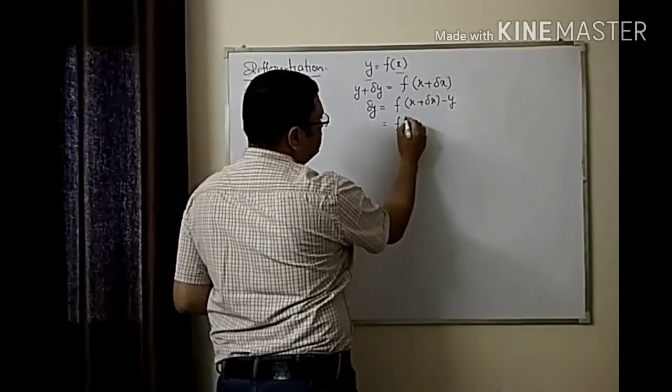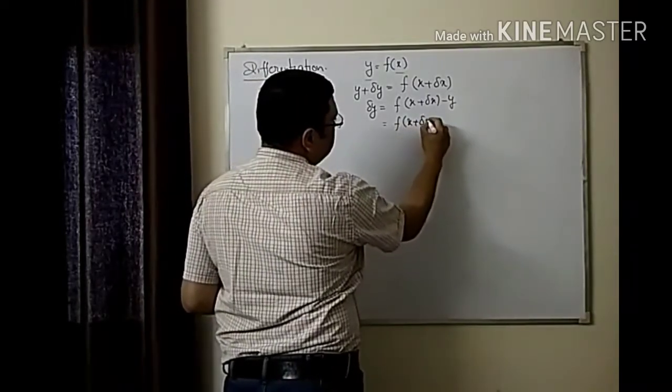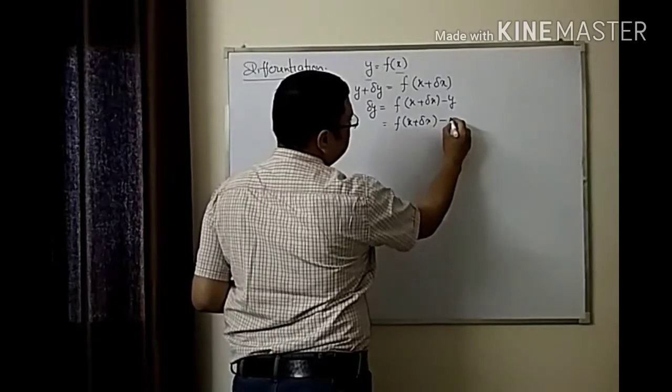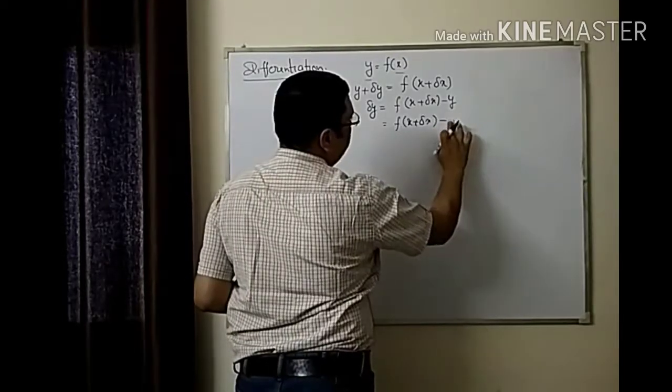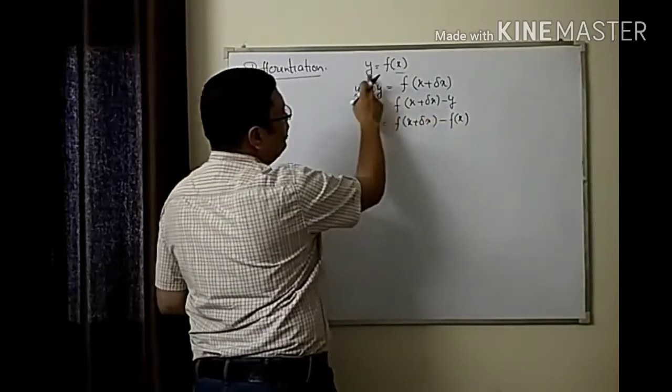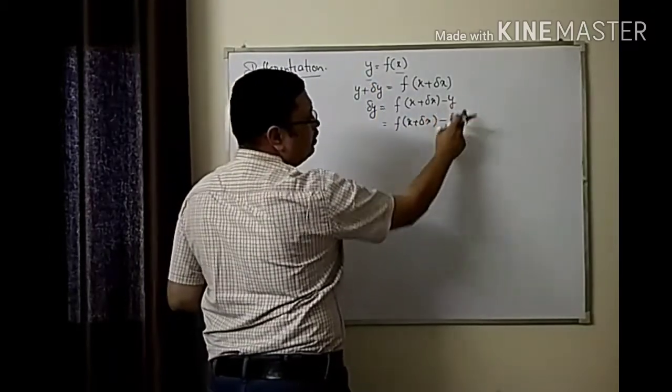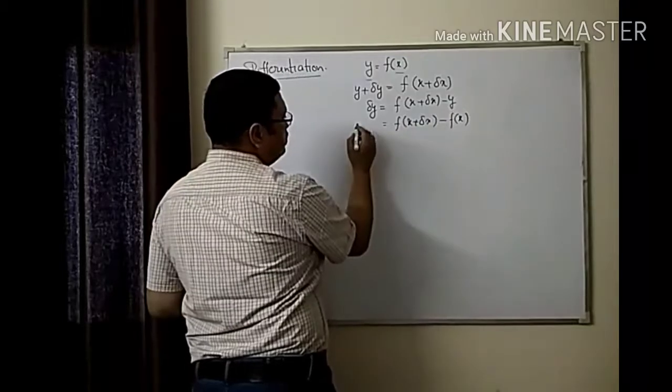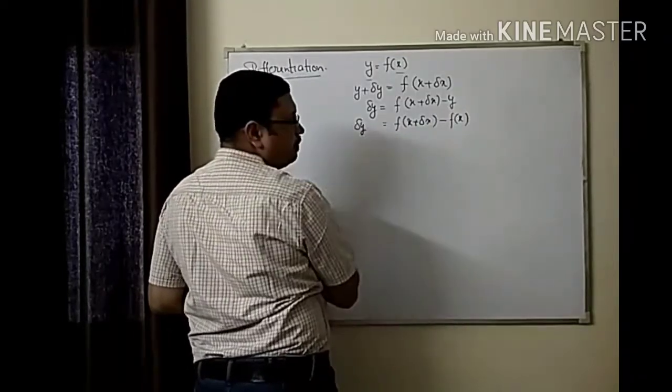Because the value of y is f(x), we put the value of y, so this is f(x plus delta x) minus f(x). So this is delta y.